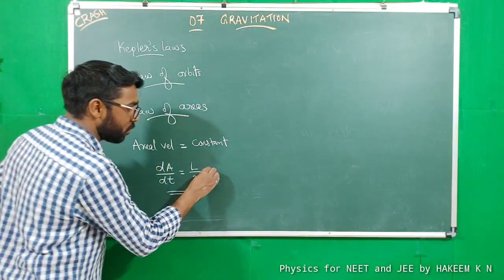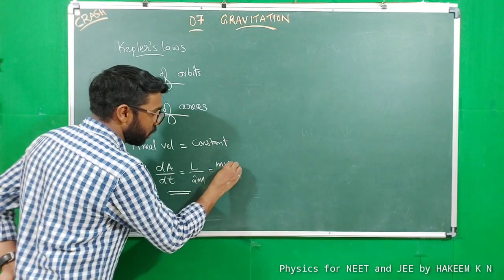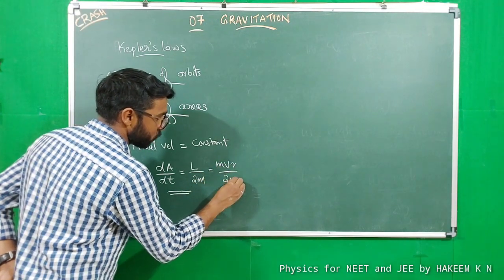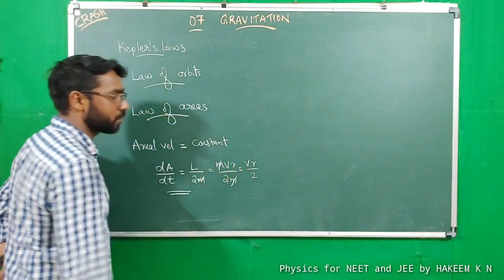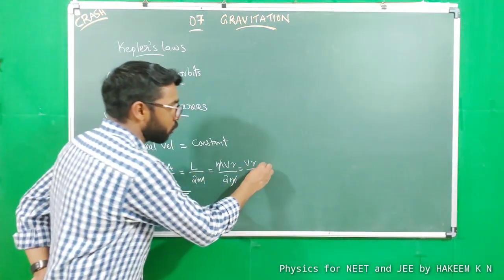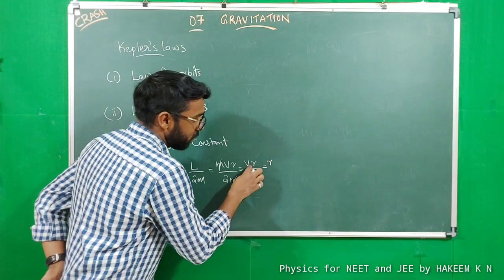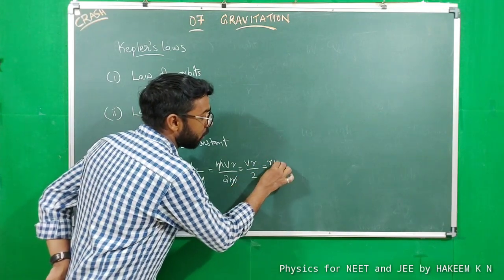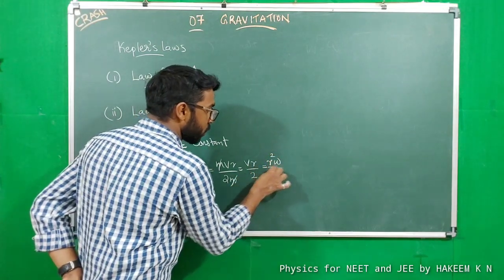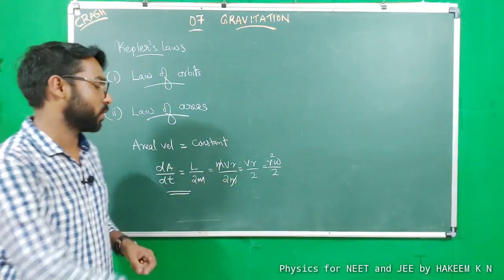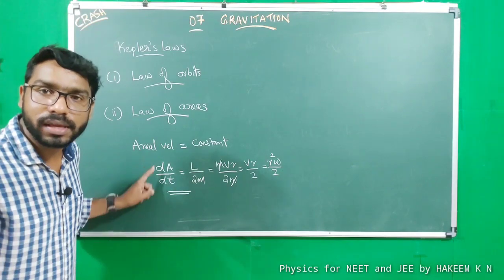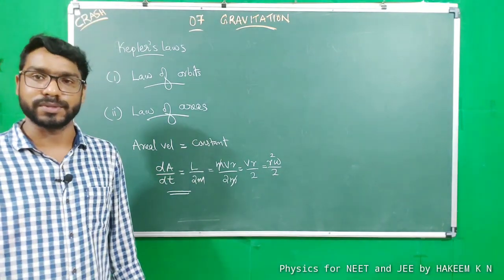Here L you can give mvr by 2m, so we will get vr by 2, and v equal to r omega, so r square omega by 2, or half omega r square, that is equal to dA by dt, areal velocity.